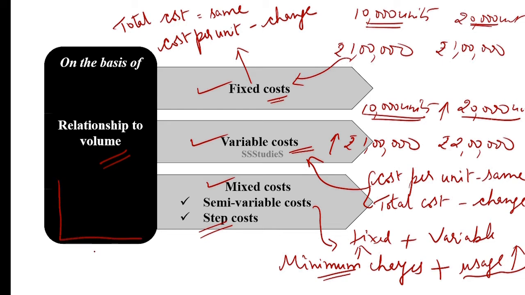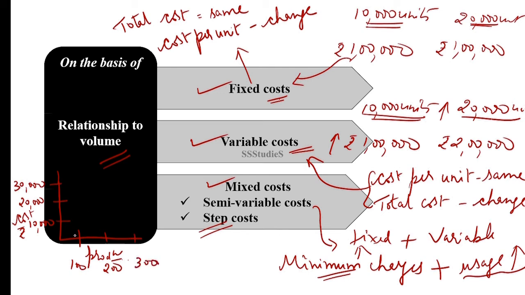Let us say on the x-axis you have production or output, the volume of production, and on the y-axis you have the cost. Let us say this is 10,000 rupees, this is 20,000 rupees, 30,000 rupees, likewise. And on the production axis, the first is 100 units, then 200 units, 300 units, likewise.